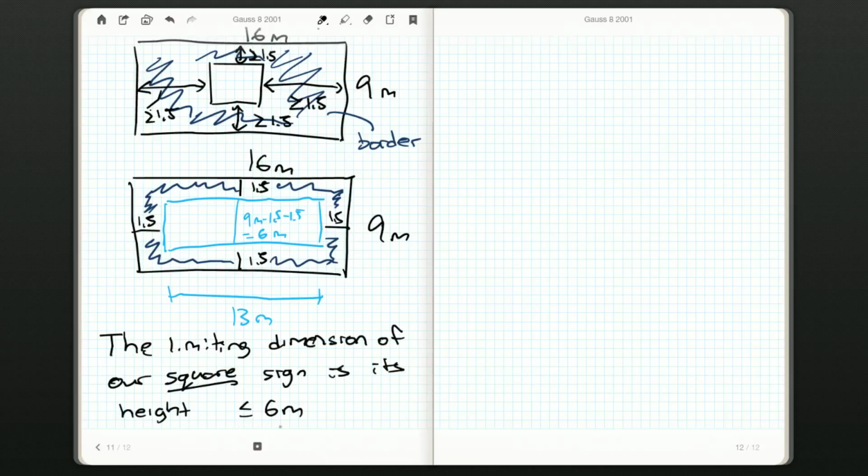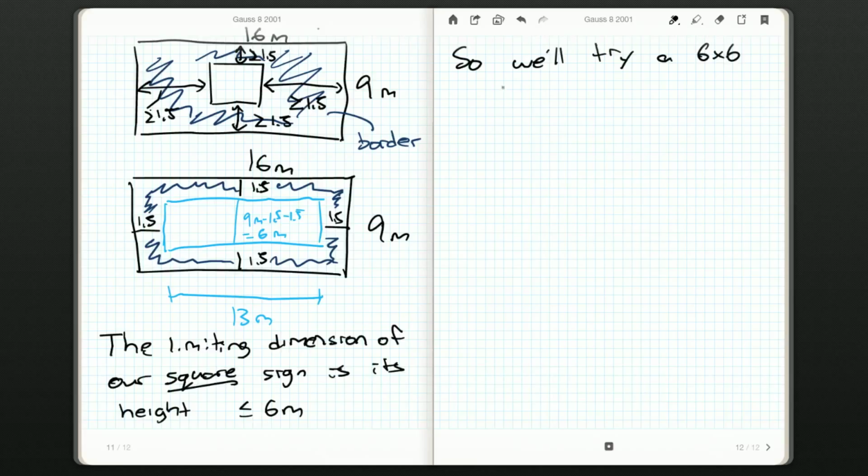It has to be at most 6 meters. So let's make it as big as possible. Let's take the height to the max and see if we can get a 6 by 6 square. If one of the dimensions is 6, the other one has to be 6 because it's a square.